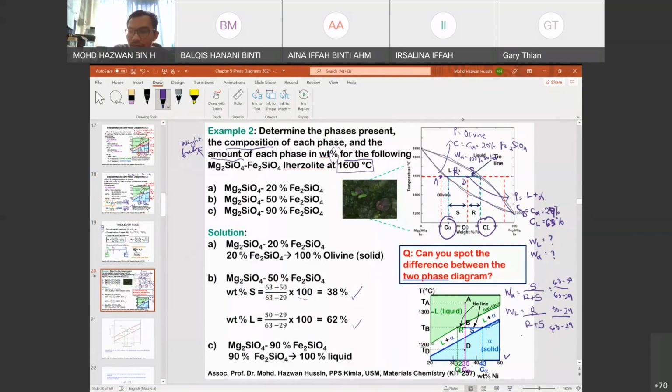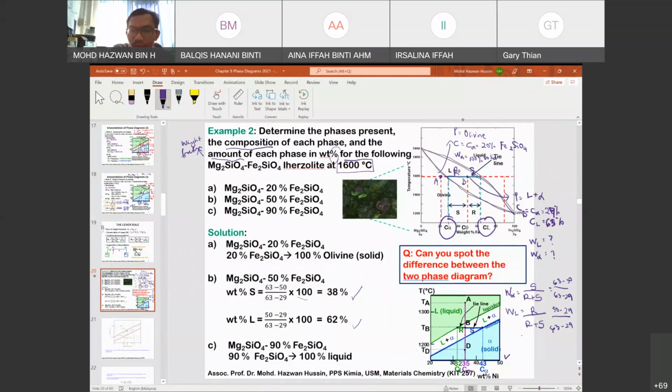The reason is that each phase diagram will show a different behavior. Sometimes it can be reported as 100% iron silicate, or sometimes the graph shows 100% magnesium silicate. So that is why we have a mirror image of this phase diagram.